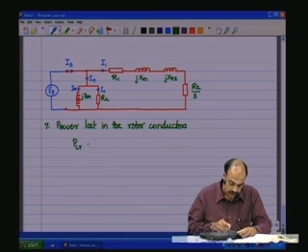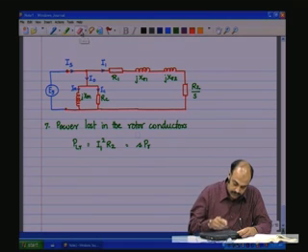PLR actually will be basically I1 square R2, which is nothing but slip times PR, isn't it?